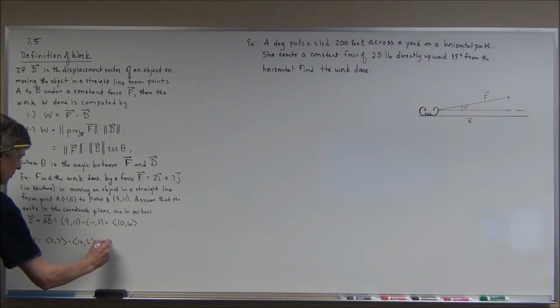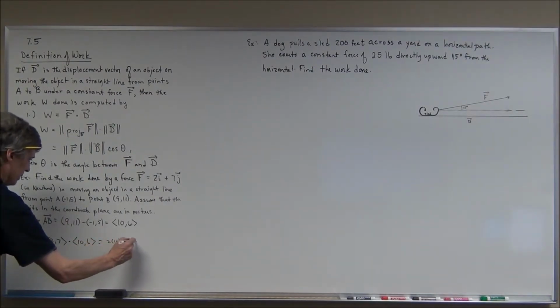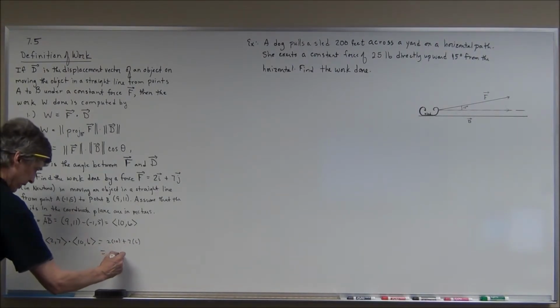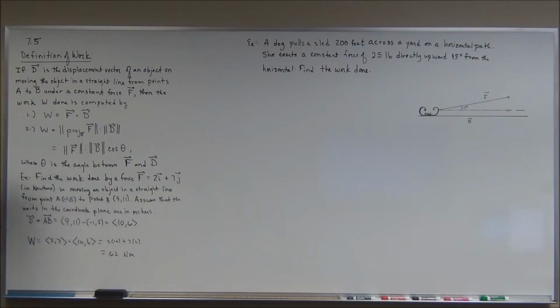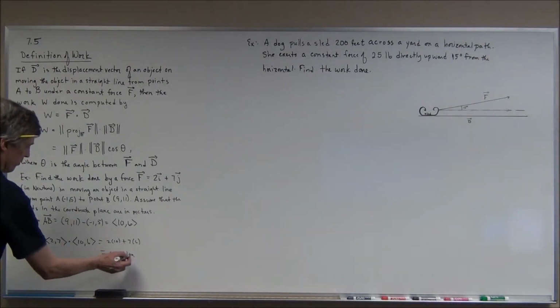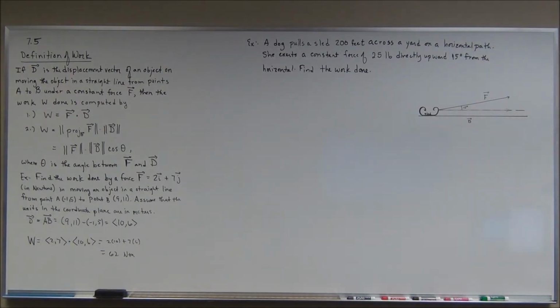So that's going to be 2 times 10 plus 7 times 6. 20 and 42, that's 62, and that would be newton-meters. And that would be the amount of work that it would take to move that object using that force.